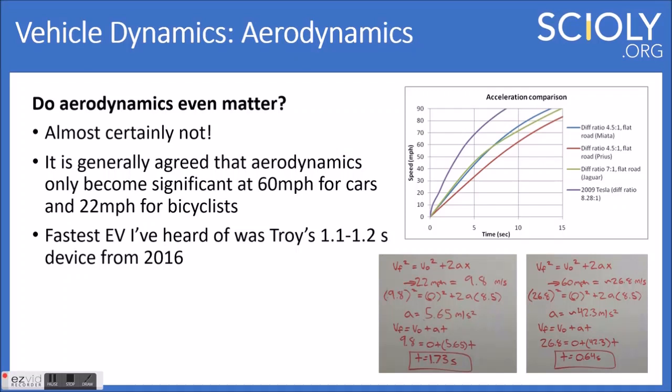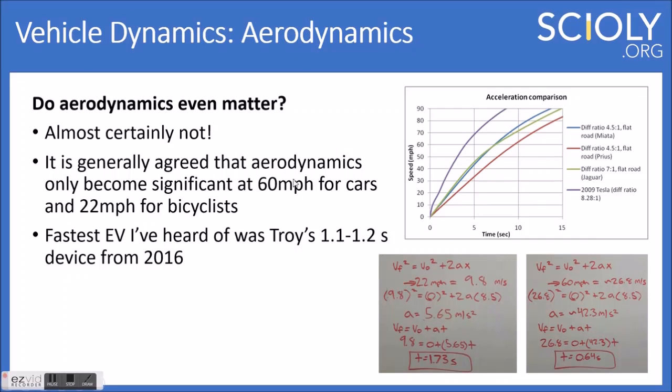Using these two different calculations, if we're talking about 22 miles per hour as the benchmark, your half a meter to 8.5 meter time needs to be about 1.73 seconds before it'll actually become influential. Whereas if we're talking about a car, it looks to be more about 0.64 seconds.